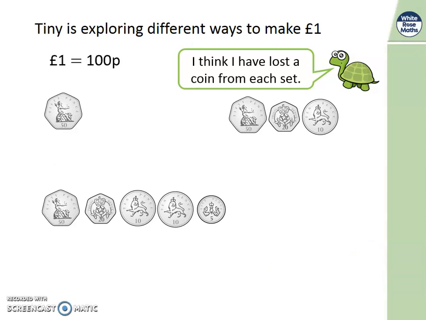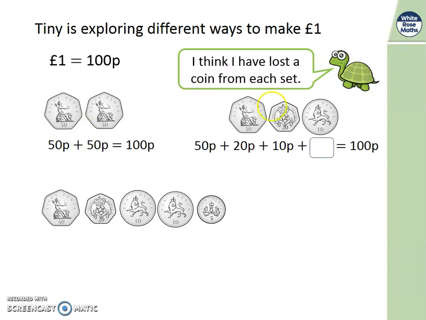Remember, £1 is the same as or equivalent to 100 pence. In this first one, he's got 50 pence and he needs another coin to make it to 100 pence or £1. What coin will he need to add? Think back to when we did our part-whole model on the last question. Yes, he needs another 50 pence to make it to £1.